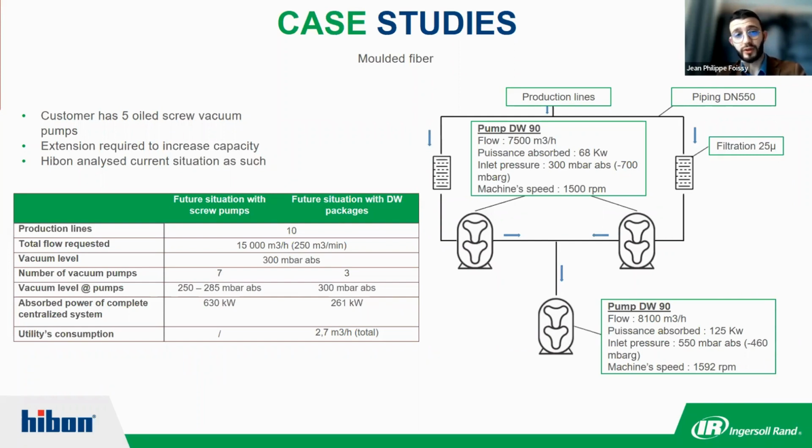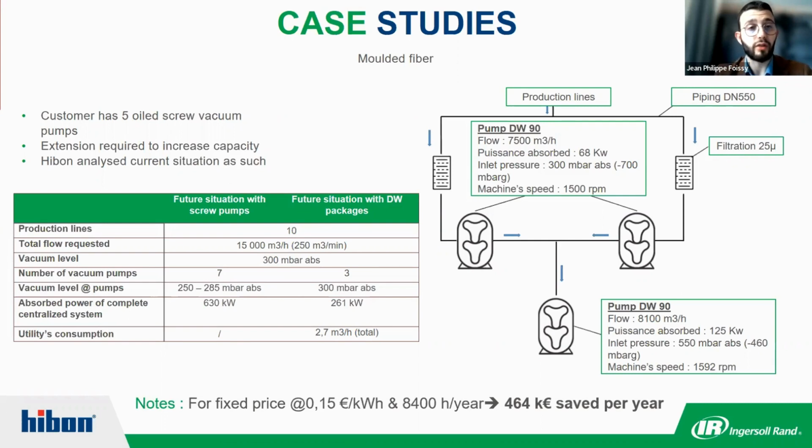And this is why we are working on this case study, because there's clearly a big impact, as you can imagine, on the savings. I know that you are people who are attending now or coming from different countries with different prices of electricity. So we just fixed a price of 15 cents. That is quite common, I would say, today in Europe, for example, with 8,400 hours per year, because this is 50 weeks of running with 2 weeks of stop.